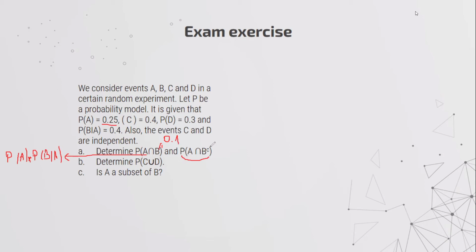So we can also take the probability of A minus what we already found here, the probability of A intersection B. Because we have here complement, which means everything in A but not in B. So it's 0.15.